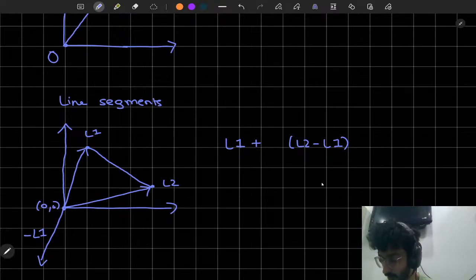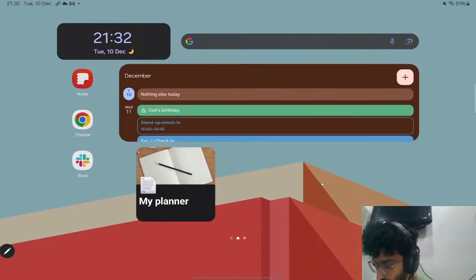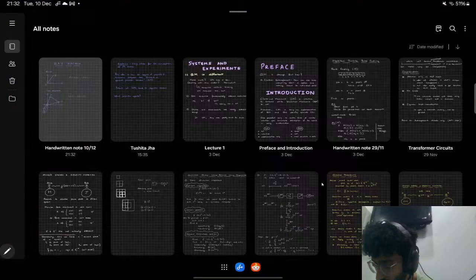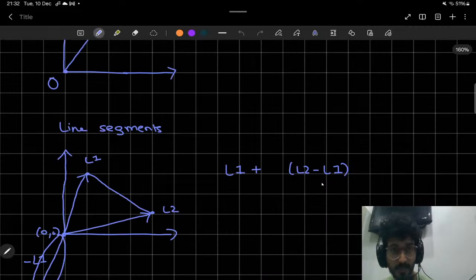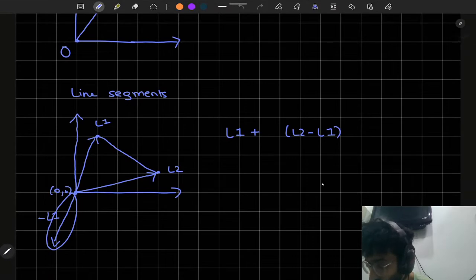Wait a minute. So you need to move this vector. Let me just do that. So if I move this line as is here, I get something like this.